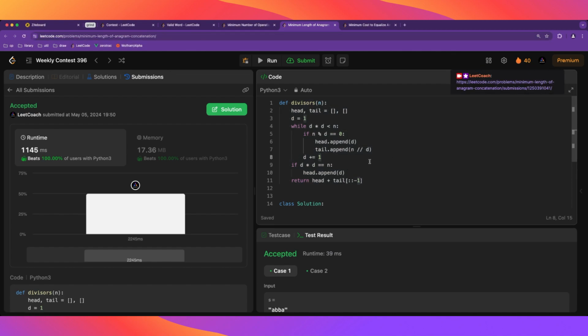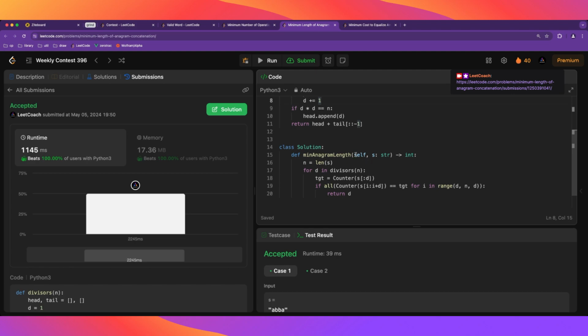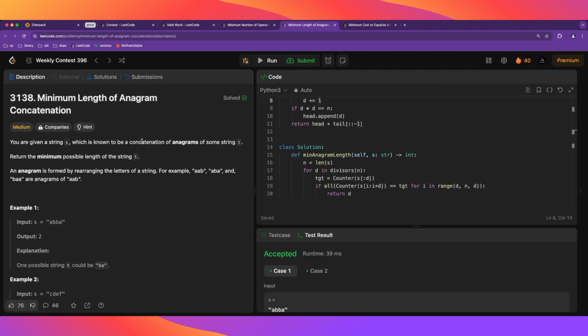All right, so one issue that occurred with this problem is that some people misinterpreted it. They thought that instead of breaking it down into contiguous segments, you could scramble them.